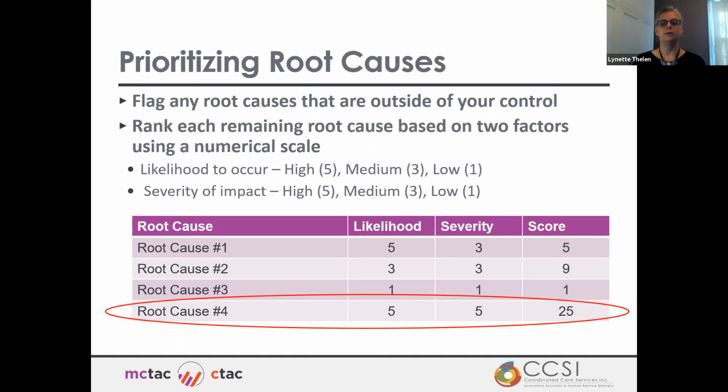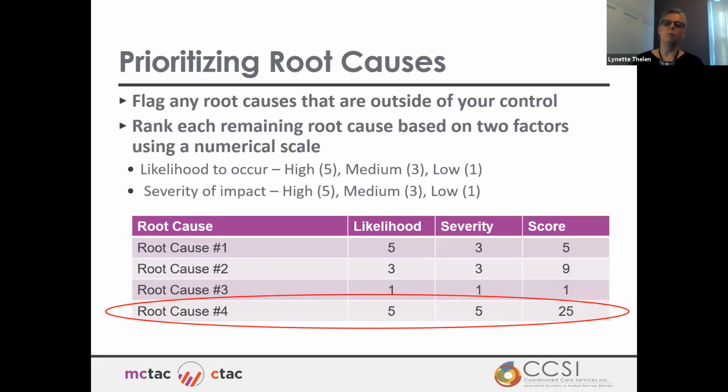But then take your other root causes and just rank them based on two factors: the likelihood for that to occur and the severity of it, or how much it would contribute to your problem statement. And if you do a high, medium, low scale, a 5, 3, 1 scale, and you just multiply those two scores, what you see very quickly is which root causes are bubbling up to the top.